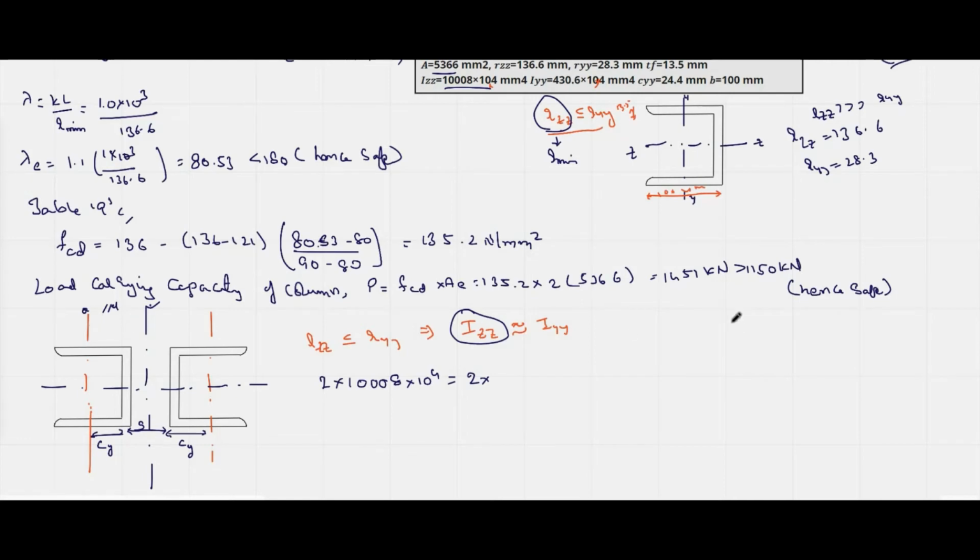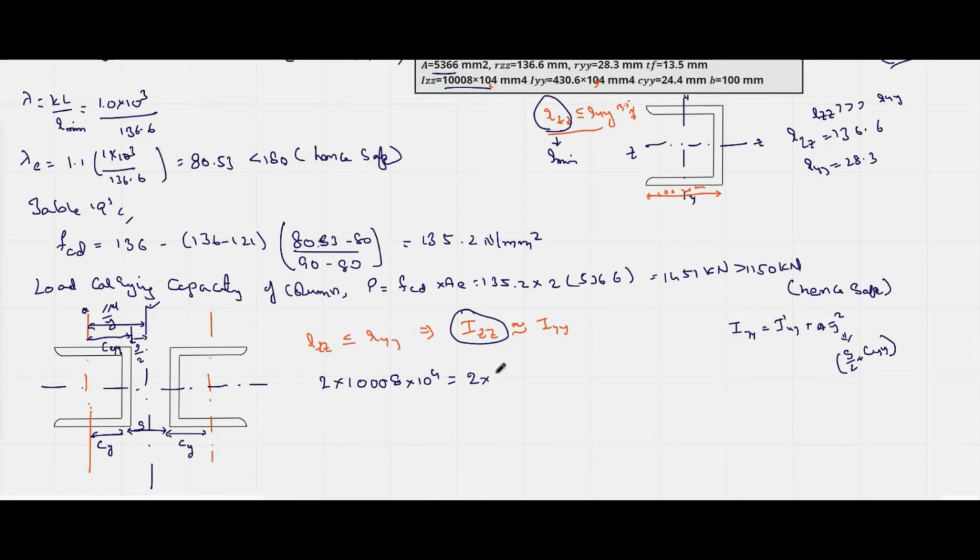To apply the parallel axis theorem, we know that IYY equals I dash YY plus A into Y bar square. Y bar is the distance between both the axes. From here to here, this distance is S by 2, and from here to here it is the centroid CYY. So the total distance Y bar will be S by 2 plus CYY.